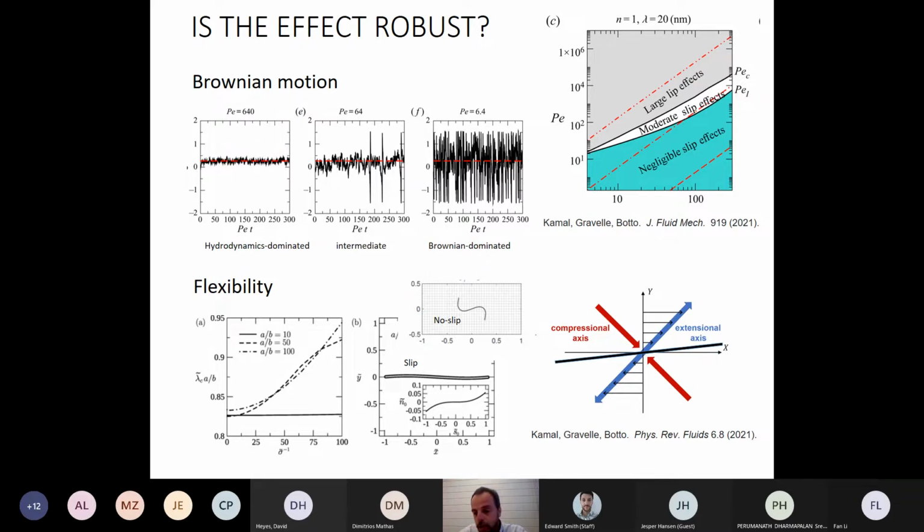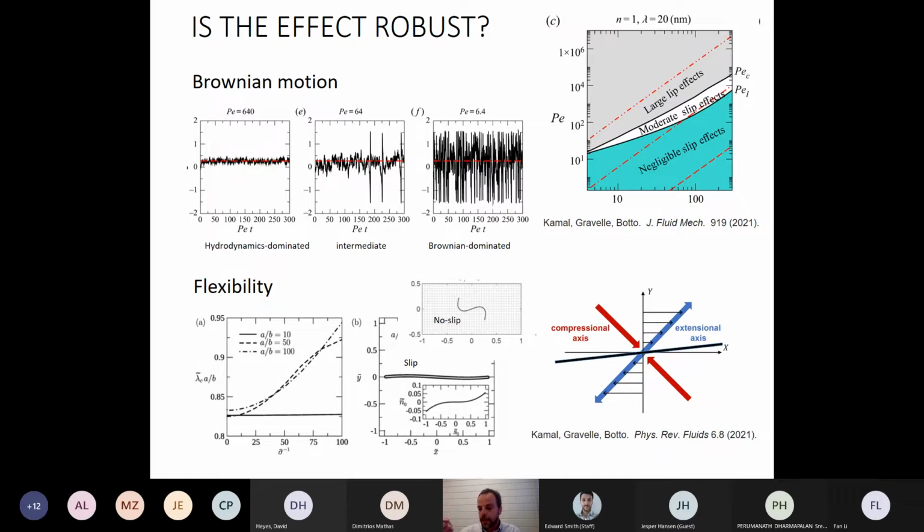So the particle orients at a positive orientation angle, which means that it tends to orient nearly aligned with the extensional axis of the flow. Therefore, even in cases where the particle is flexible, it is being continuously stretched by the extensional forces due to the flow.